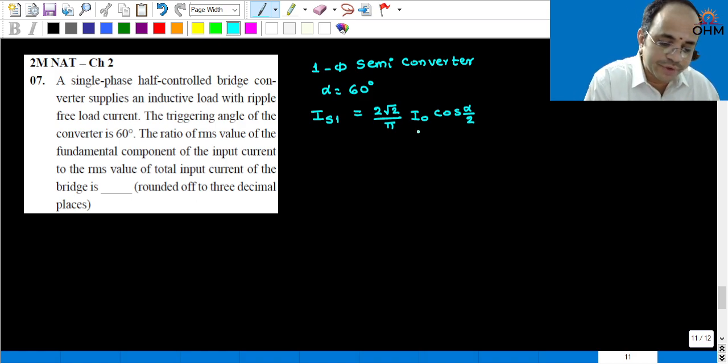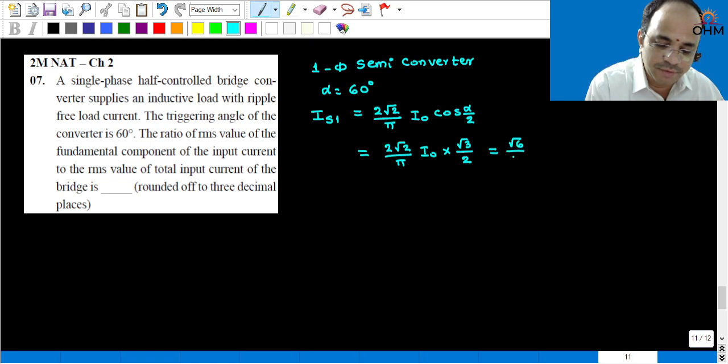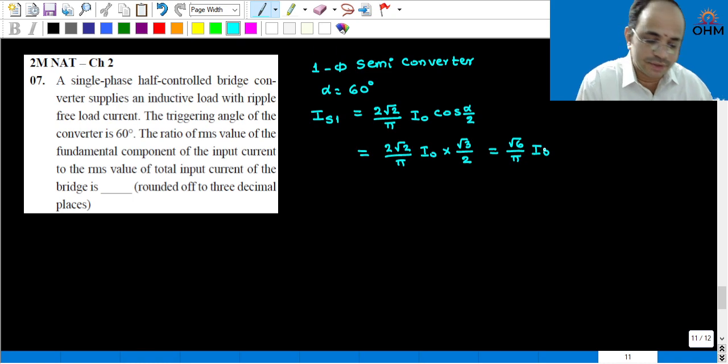No need to worry about it. When you are taking the ratio, that I naught will get cancelled. So this will be 2 root 2 by pi I naught into cos alpha by 2, which for alpha 60 degree is cos 30. So that you will have root 3 by 2. Therefore, this value will be root 6 by pi multiplied with I naught.